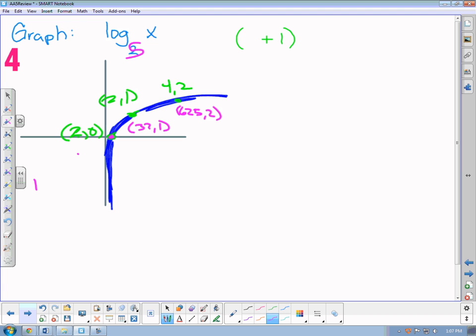So the domain of this is you can put anything in it. The range is anything greater than or equal to, oh no, the range is all reals. Sorry.